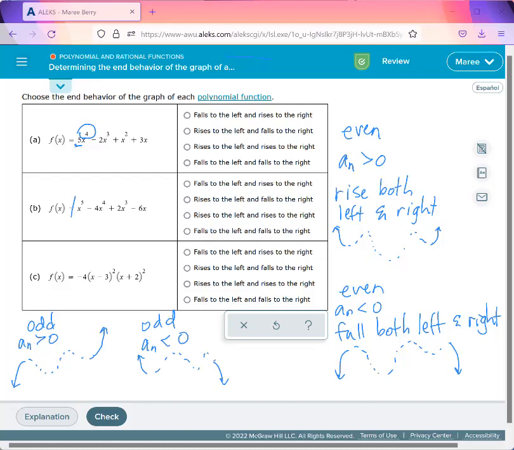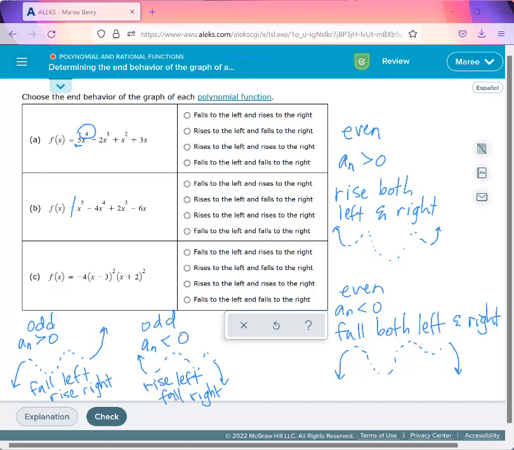So this is fall left, rise right, and then odd and negative, rise left and fall right.